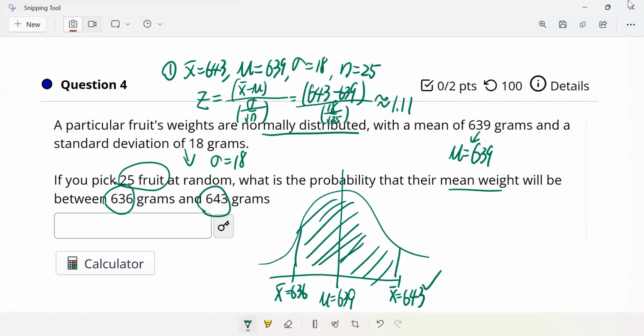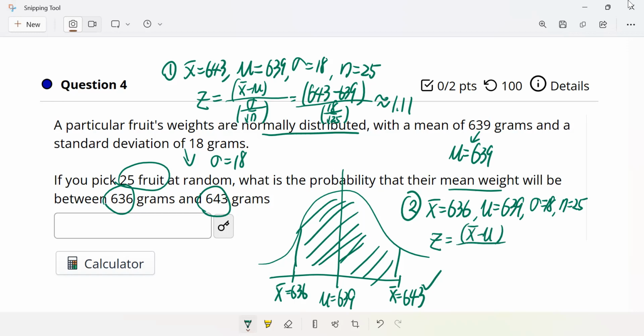So let's take a look at the smaller z-score. For the smaller average weight, the sample mean here is 636. Same thing, population mean is 639. Sigma is 18. Sample size 25. So the z-score equals sample mean minus population mean over population standard deviation over square root of sample size. So 636 minus 639 over 18 over square root of 25.